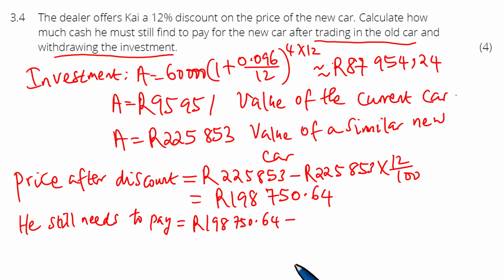minus the value of the current car, because when he trades in the current car, he's going to get some money. It's going to get like 95951.